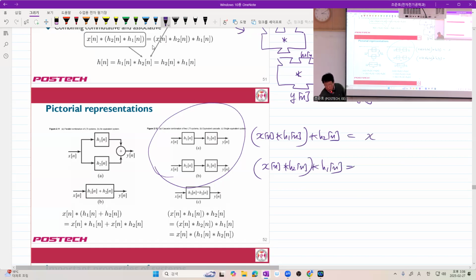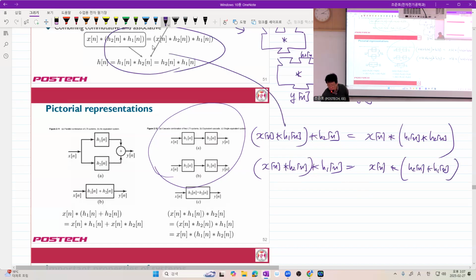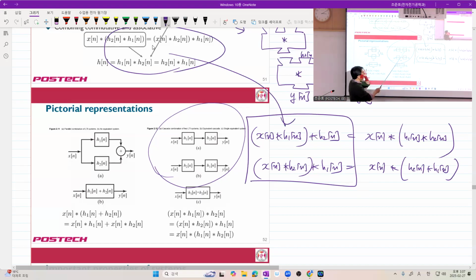And by using the associativity, you have what? So actually, what does this mean? This means that when you have serially interconnected discrete time LTI systems, be careful. This is for two LTI systems.